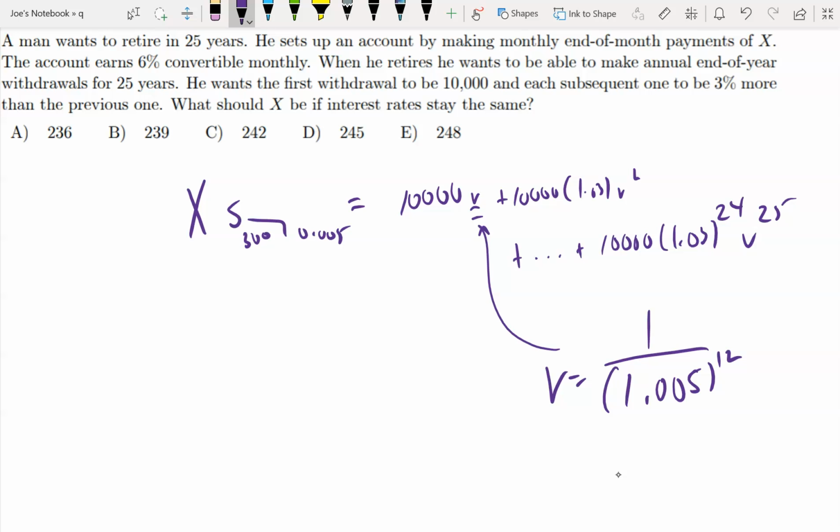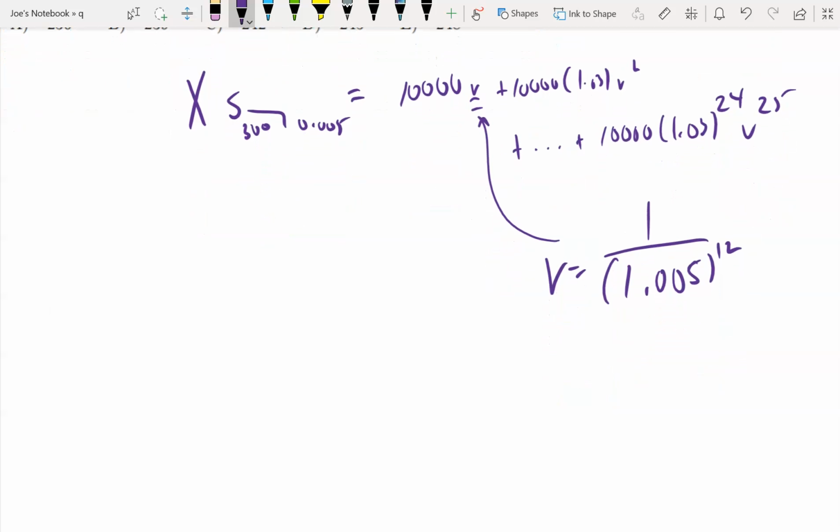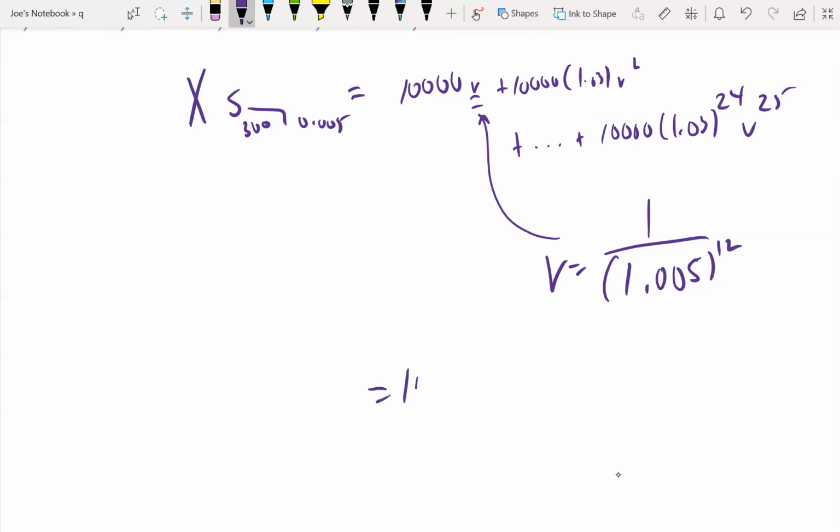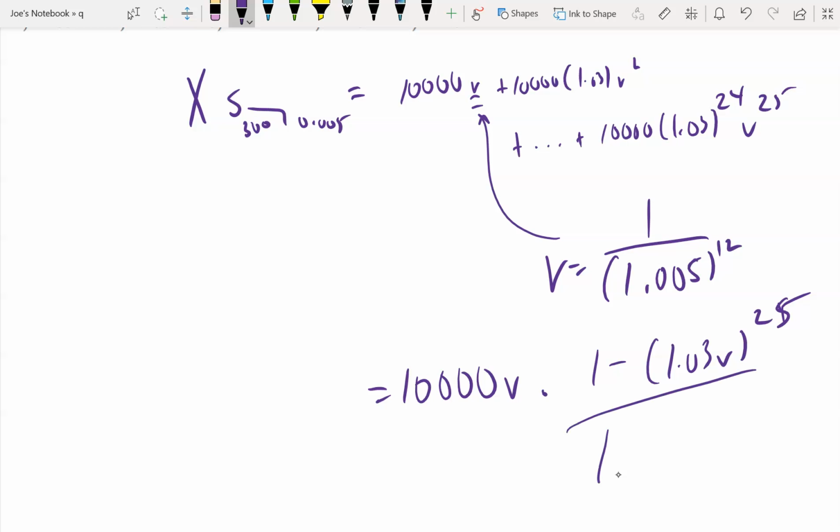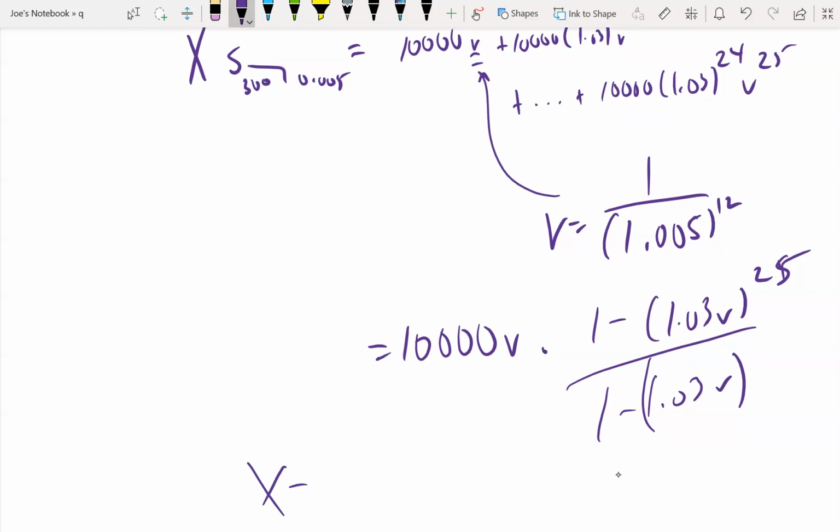So again, if we do the geometric series formula on the right, I would need to factor out a 10,000 V. When I factor out the 10,000 V, our last power is 24. So it would be 1 minus 1.03 V to the 25th over 1 minus 1.03 V. And what number do you get for X? 2.42?